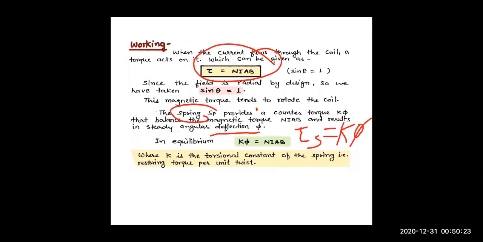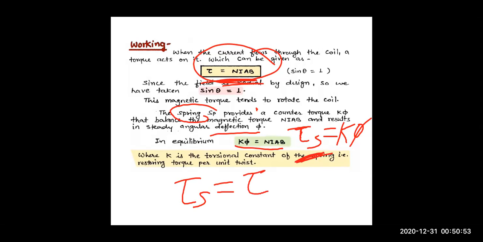So what happens is, this restoring torque, tau S in the spring, tries to bring the coil back to its original place. The restoring torque in the spring goes on increasing, and the torque NIAB goes on decreasing. At one position, the restoring torque in the spring and the torque in the coil become equal.